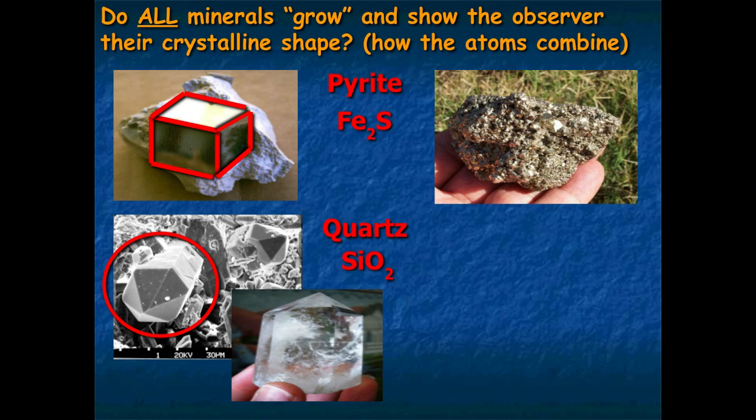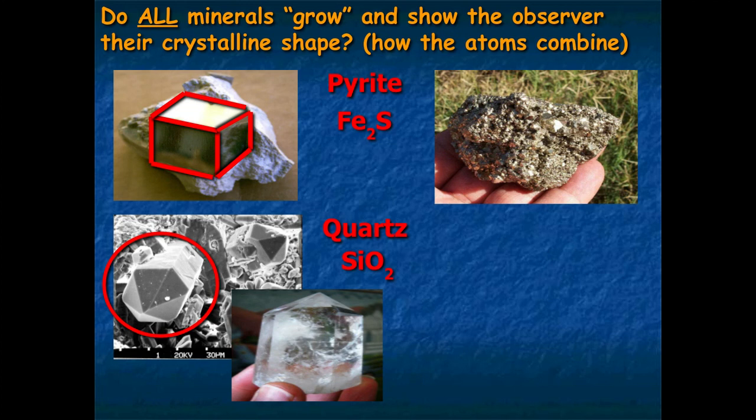You're really looking at how the atoms have combined together to produce that internal structure, which I think is just fascinating that nature can do this. So if you want to know what a mineral looks like at its atomic level, it looks just like the hand specimen, if you can find a mineral that's displaying its internal structure.